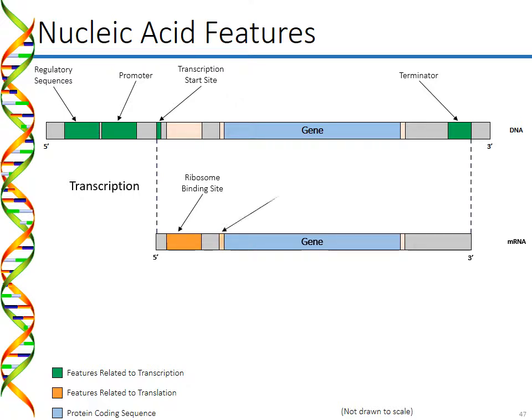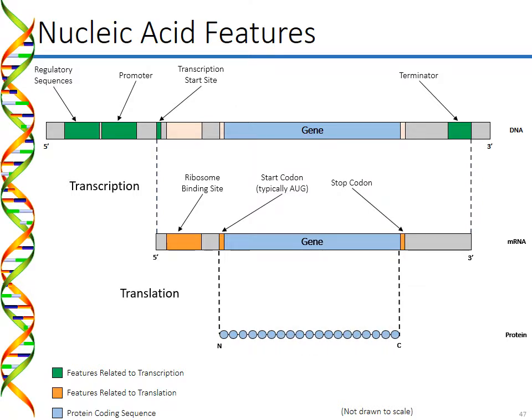It will continue moving down the mRNA molecule until it finds the start codon. Typically this is the AUG that we saw earlier. That will prompt the ribosome to start assembling the polypeptide, and then it will stop assembling the polypeptide once it hits the stop codon.